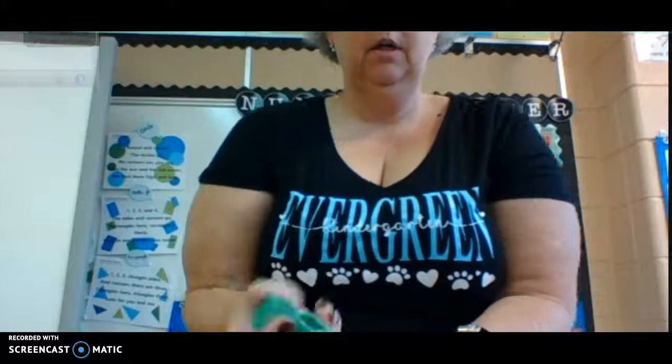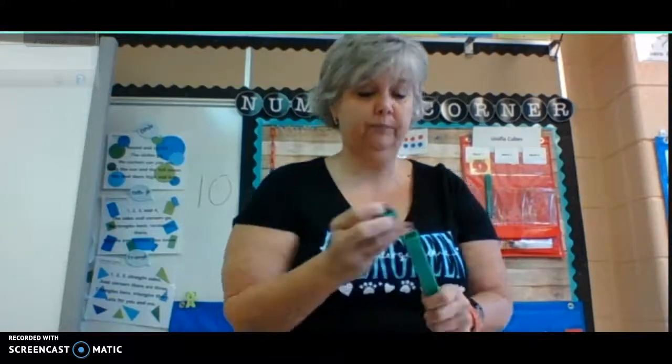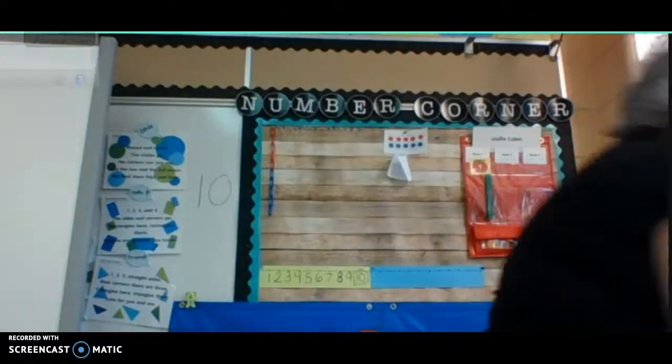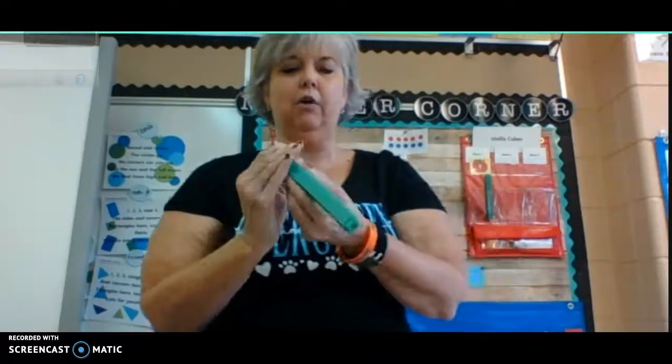So we're going to put those all together. And you have some at home to practice with, and you're going to need some tomorrow for our number corner. So don't forget. I'll let your grown-ups know. So, whoops, if you press it too hard, they come apart when you're trying to put them together.